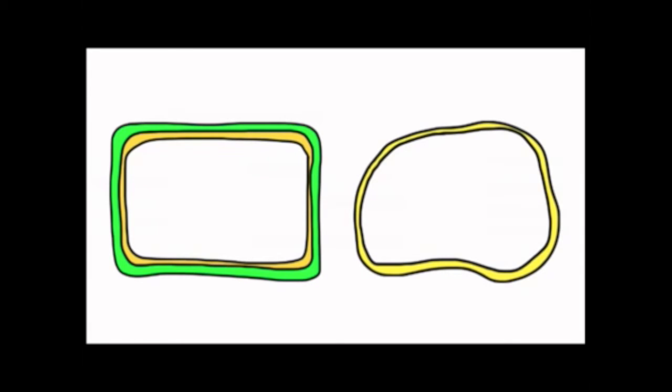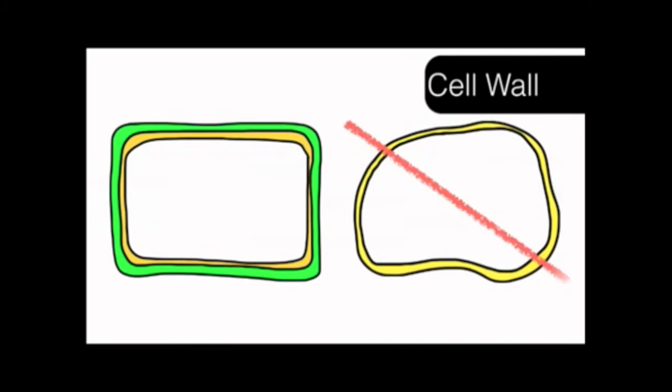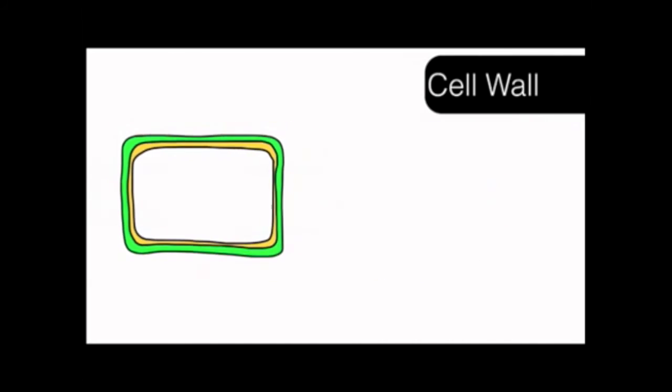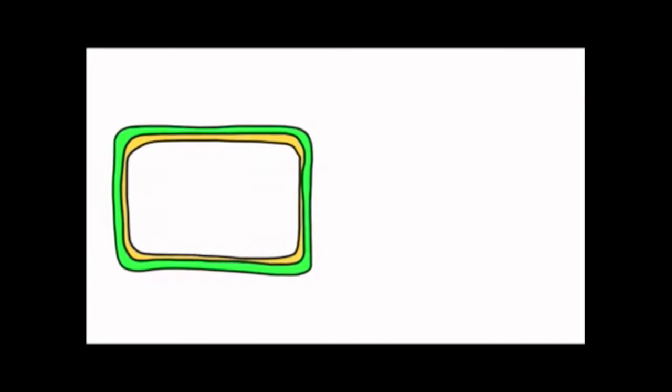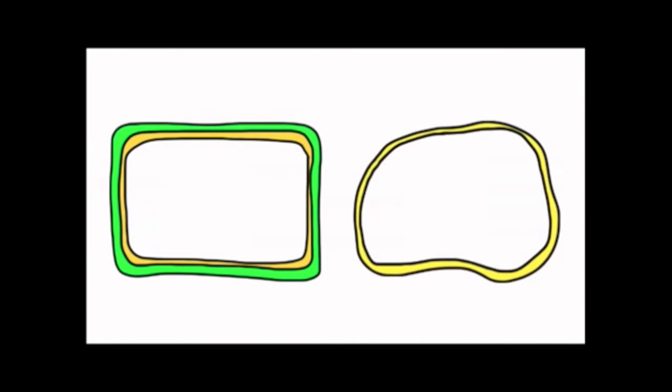Plant cells are surrounded by a rigid outer layer called the cell wall. The job of the cell wall is similar to that of a brick wall. Just like a brick wall gives structure and support to a building, a cell's cell wall gives structure and support to a plant cell. In fact, a cell wall prevents the plant cell from bursting when the plant absorbs water.